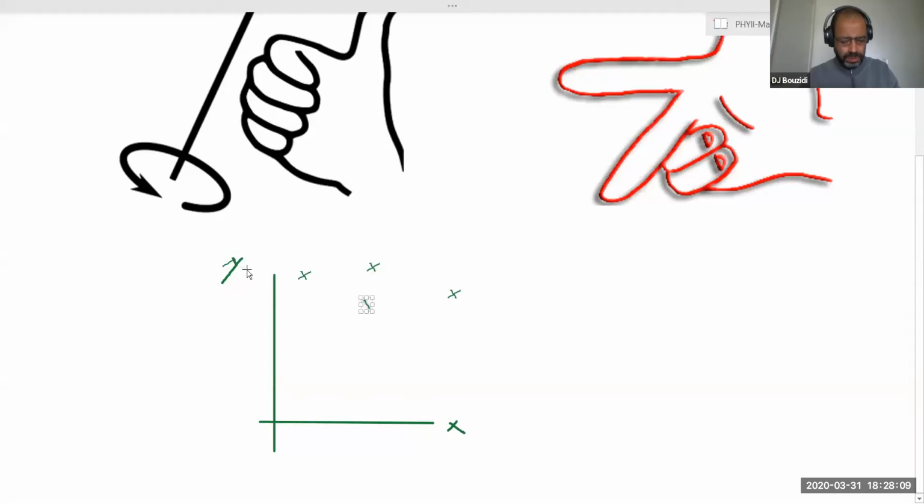So imagine that you have the entire page full of these in there. All of the space has this magnetic field in it that is going into the page.